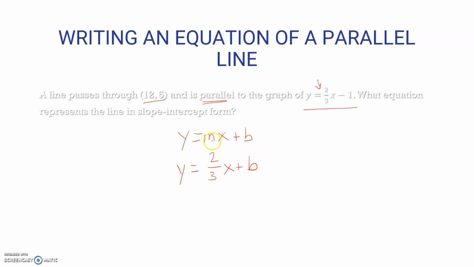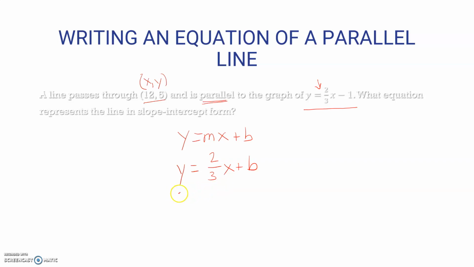And so how we figure out b is we plug in for x and y something that we know is true. And what we know is true is wherever the line crosses through, those are true values for x and y. And so here's our ordered pair. X is always first and then y. And so x is 12, y is 5, and we can substitute those in because we know those values work because the line goes through it.